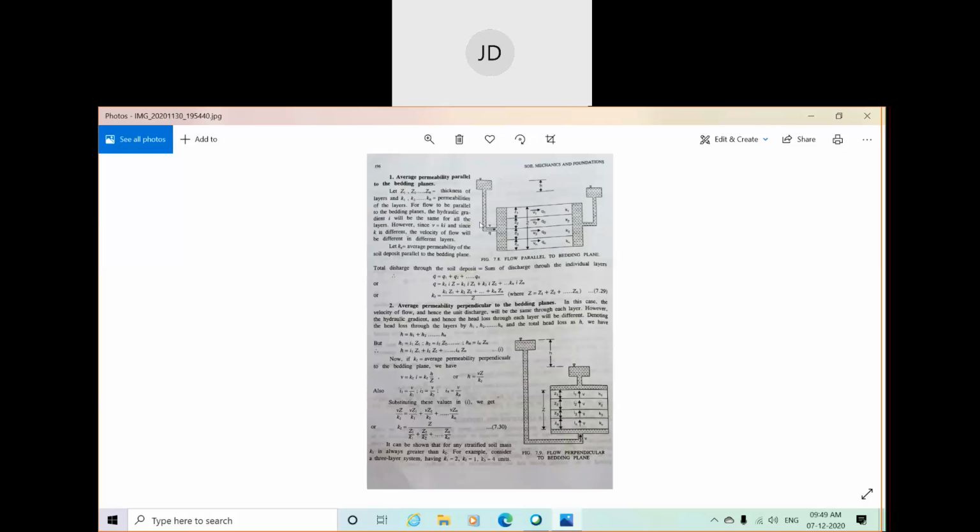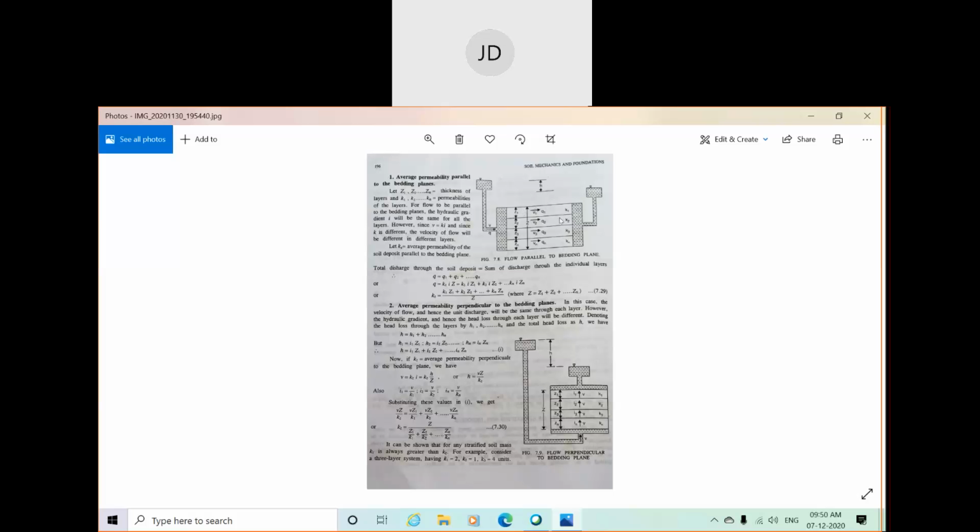Now, i will be the same for all layers. However, as per Darcy's law, Q is equal to kiA, and the discharge velocity, or Darcian velocity, small v, is equal to k into i, the coefficient of permeability multiplied by the hydraulic gradient. For each layer, the value of k will be different.